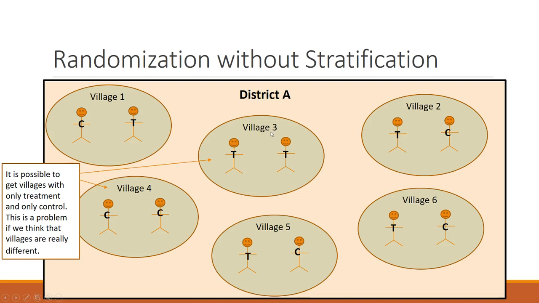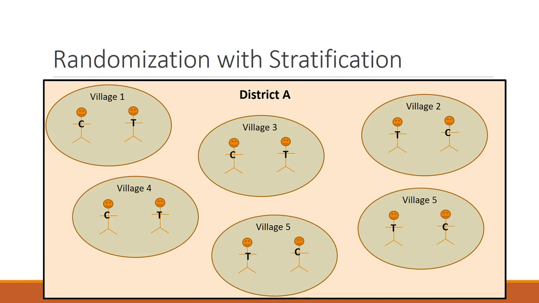Because if we were to compare village 3 to village 4, we would be comparing farmers that are very different from each other, which would mean that we would have selection bias. So if we think that these villages are very different from each other, then we really want to avoid the scenario in which one village has all treatment and another village has all control.